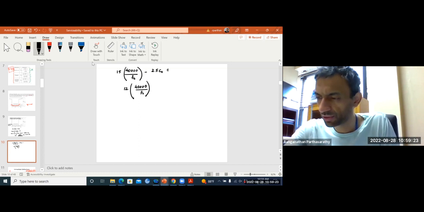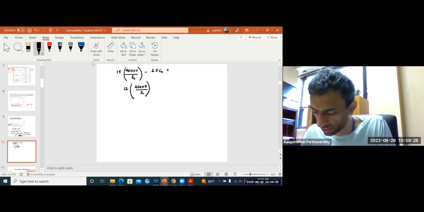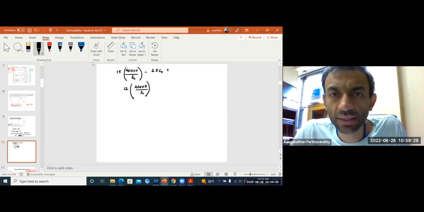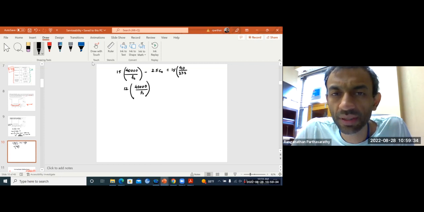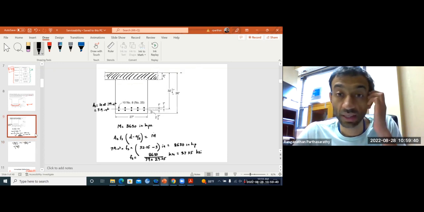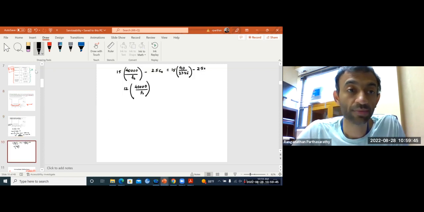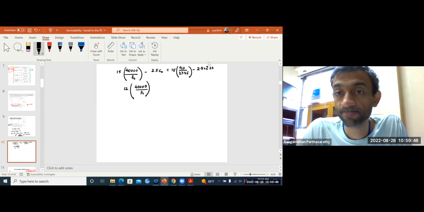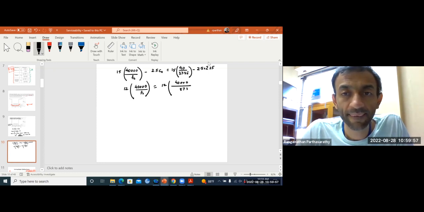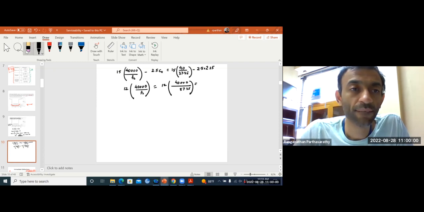So the first one gives you a value of, so we use fs is 37.35 ksi. So 15 times 40 over 37.35 minus 2.5 times clear cover. Clear cover is 2 and 1/4 inch. And this one gives you 12 times 40 ksi.